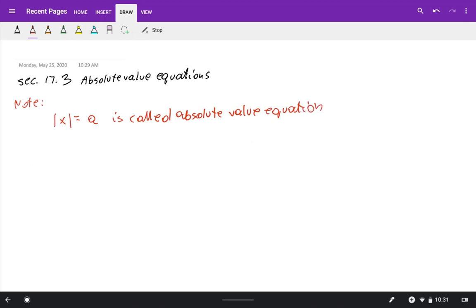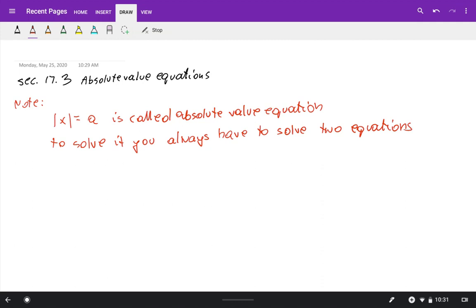And to solve it, this is important, you always have to solve two equations, just remember that.